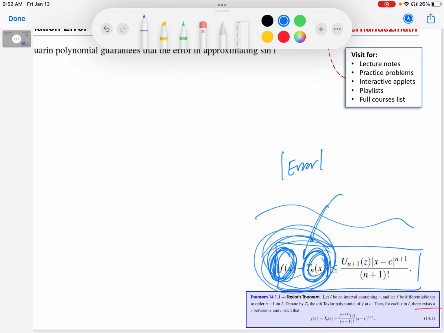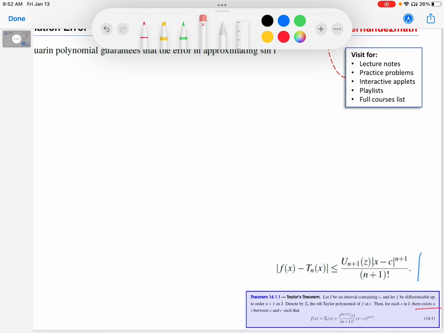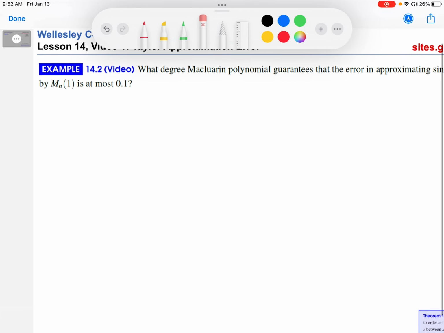And this says that the error is less than or equal to this particular thing, which has a lot in it. But the point is that if we can calculate it, we can say the error is at most this. So we can bound the error. So that's what's going on. Okay, let's see that for an example over here.